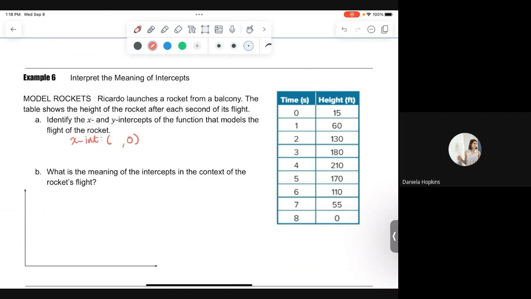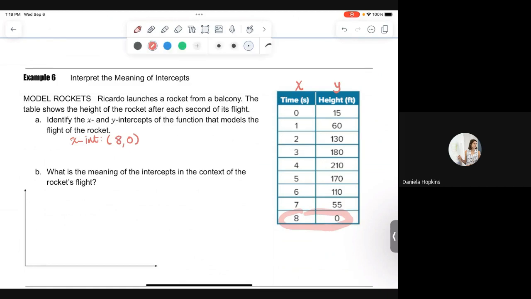So if you think about this table where time is your x and height is your y, do you see a coordinate point in that table where you have a y that's 0? Do you see a y that's 0? Yes. Where is it? At 8. So that's how you can actually see an x-intercept just from the table.